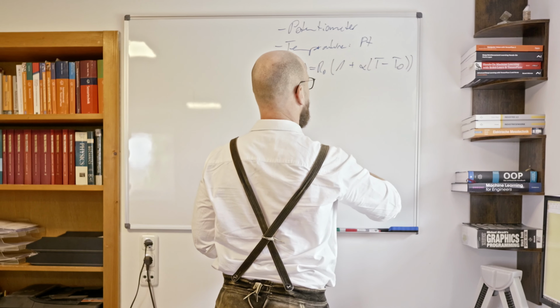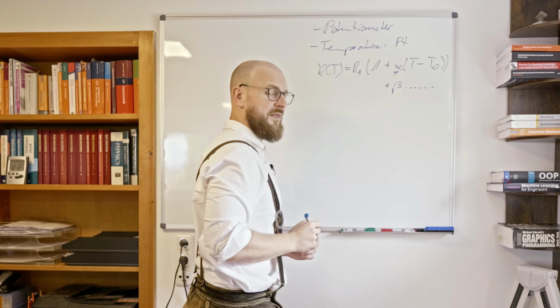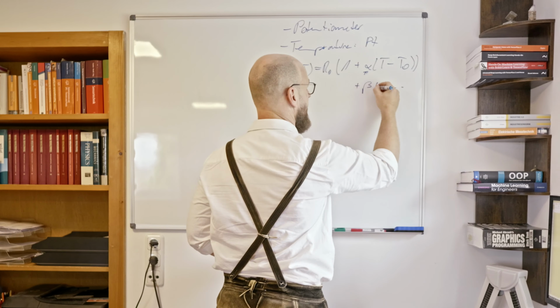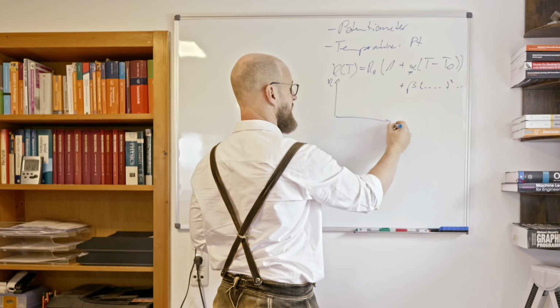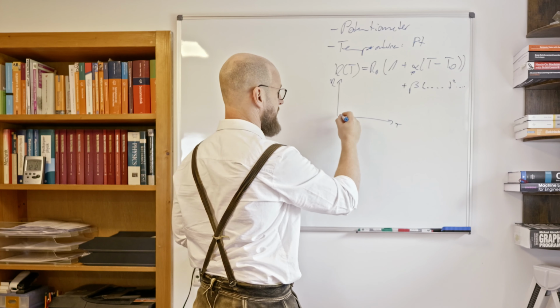So there's a constant in there, and to be honest, there might be other terms with other constants in there and with quadratic behaviors and so on. We don't really need to care about that too much, because drawing the dependency of that resistance in respect to the temperature for platinum, that's quite linear.